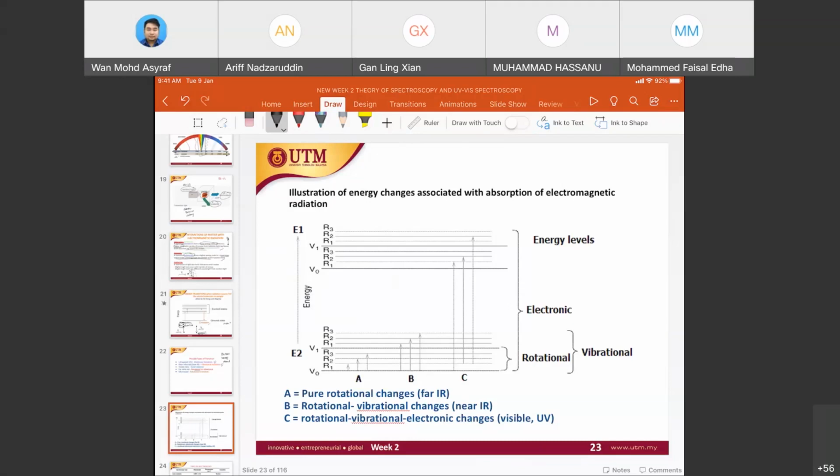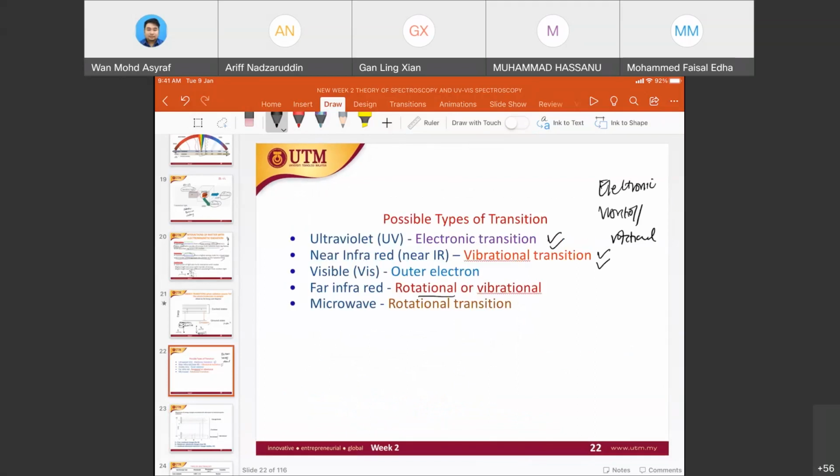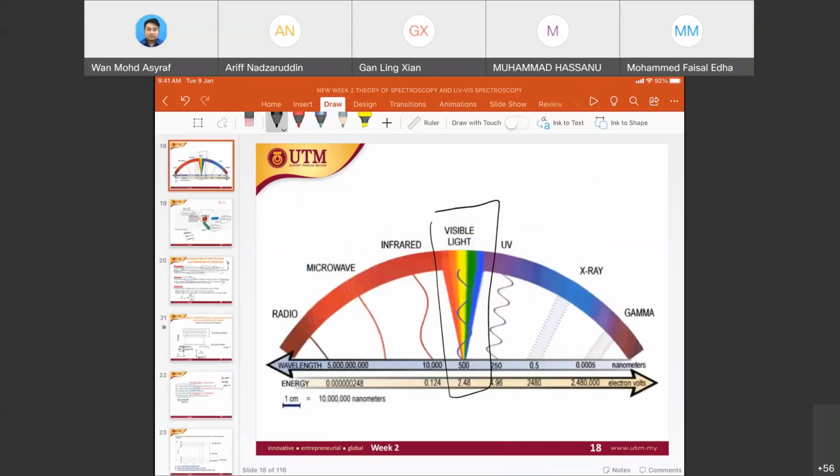For this illustration, in terms of energy changes, let me go back to this one first. All of this is electromagnetic radiation. When we look at this picture, the visible light corresponds to the ultraviolet-visible instrument.